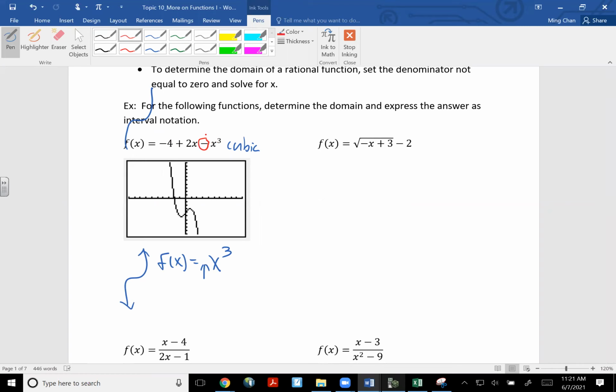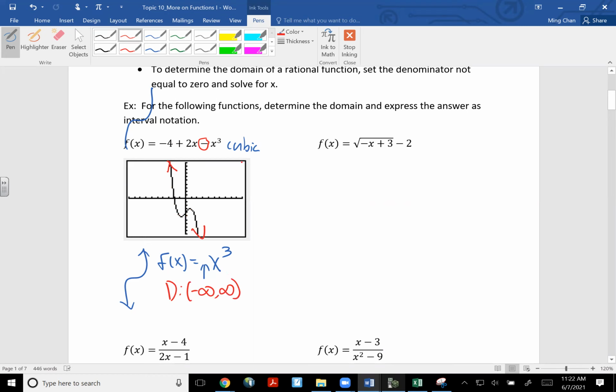But what's the domain? Look at this side: it keeps going left and up. This side keeps going right and down. If you draw the graph from left to right, coming from the very left and going to the very right, the domain will still be negative infinity to infinity.